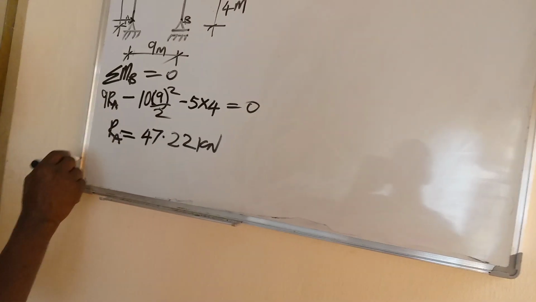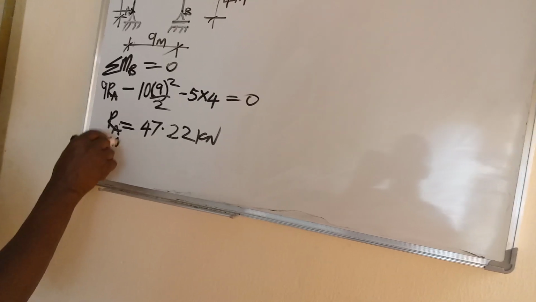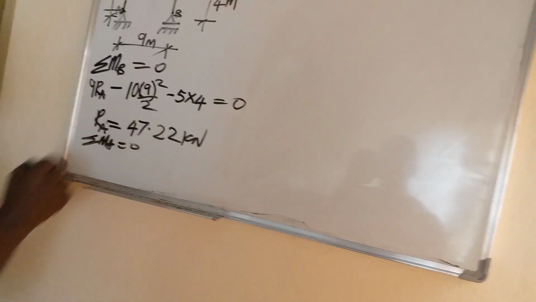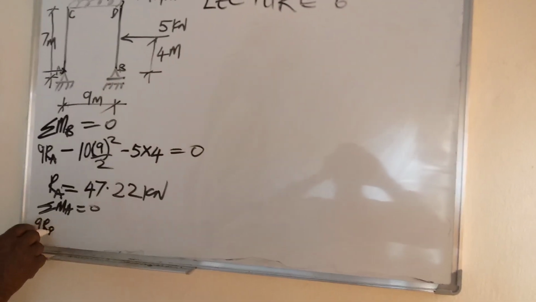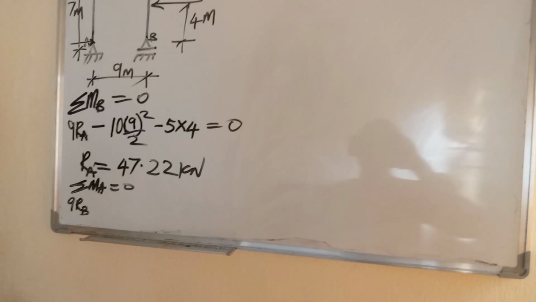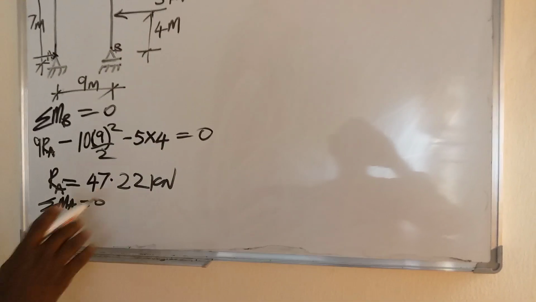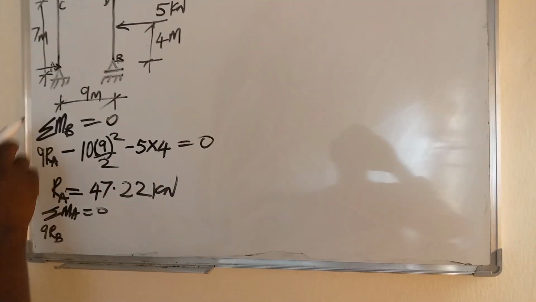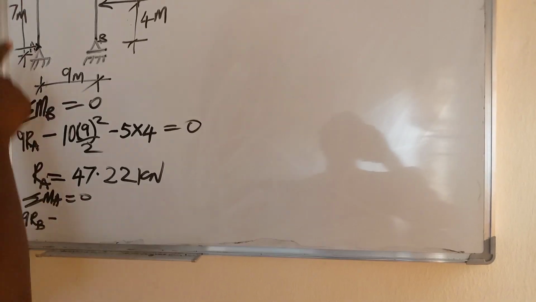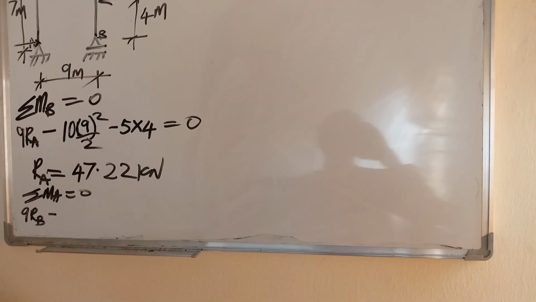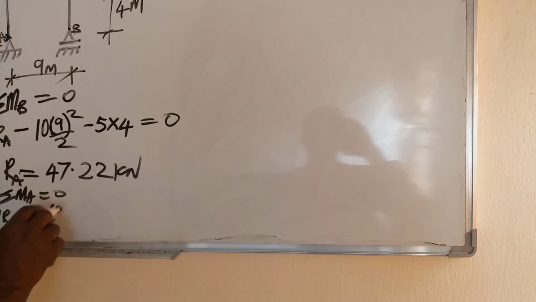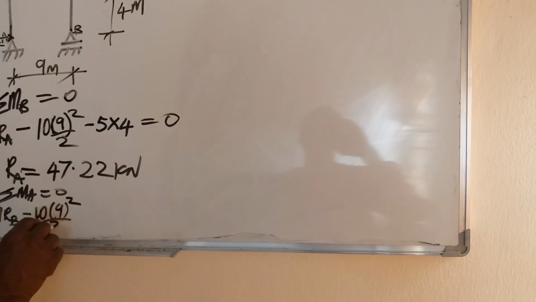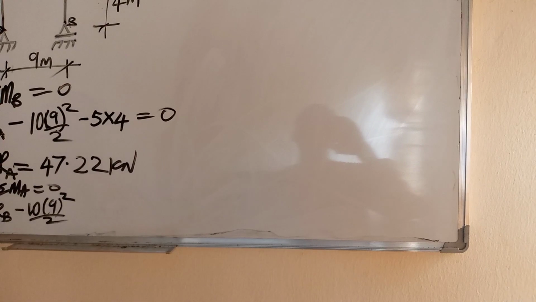Now to get reaction B, I take total moment about point A equal to 0. In the same way, I have 9 RB turning this way, 9 RB about A, minus the load. The load turns against it: 10 times 9 squared over 2.